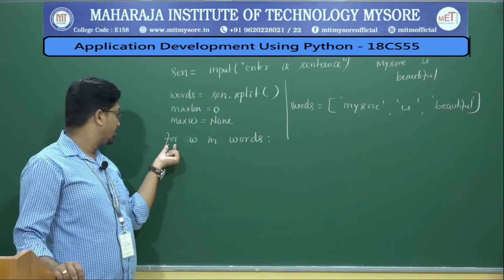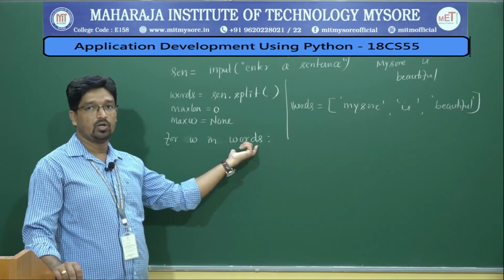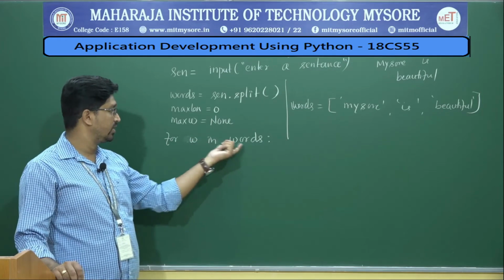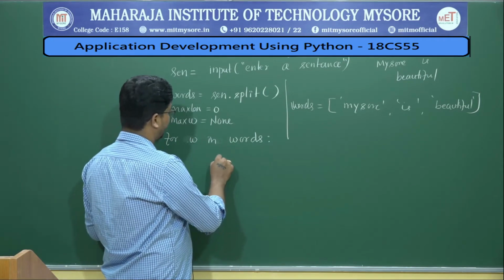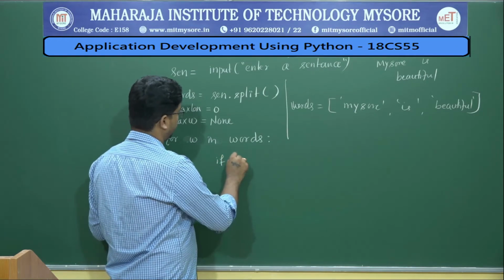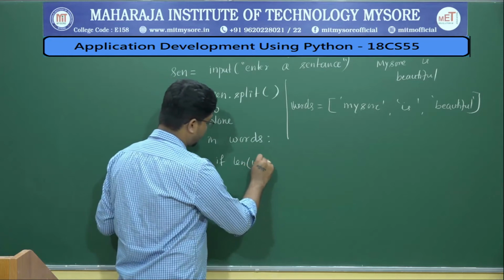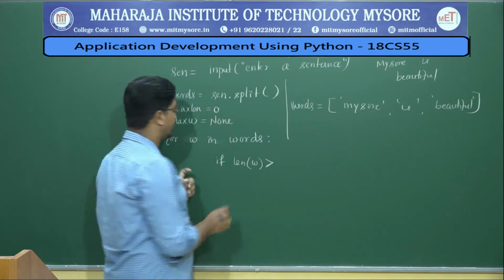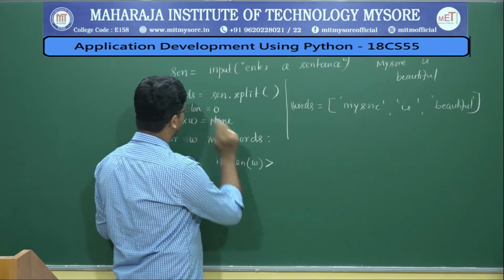Next I am checking for w in words. Now I need to check: if len(w) is greater than max_len.